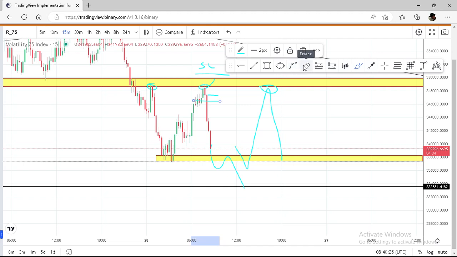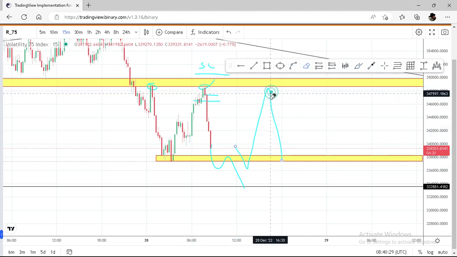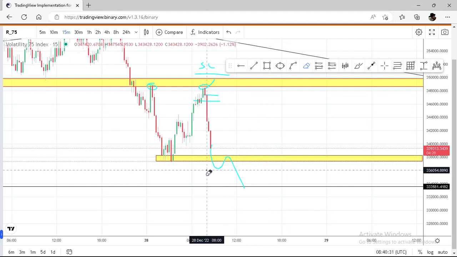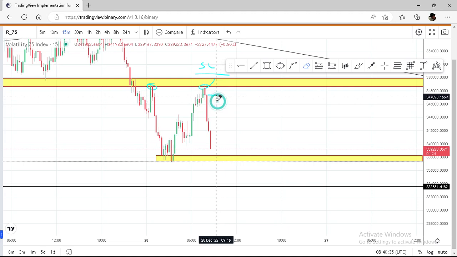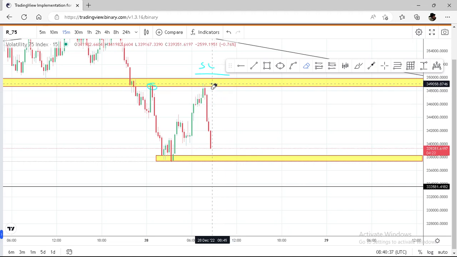For now I can't fast forward here. This is a live market, it's moving, as you can see. You can see the countdown, the price is dropping and everything.